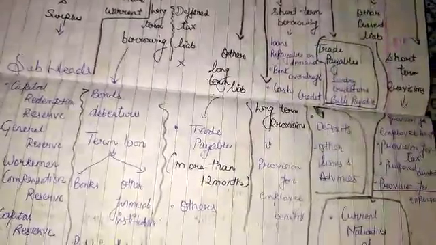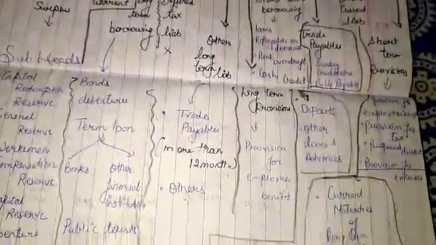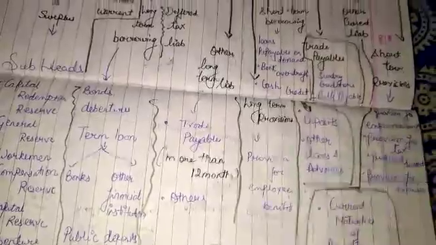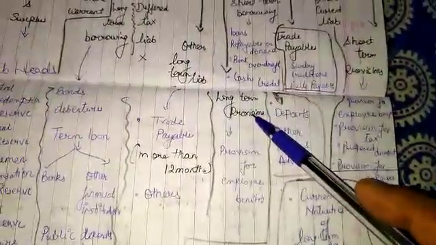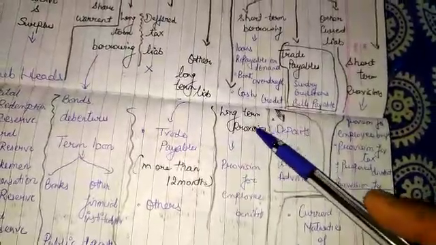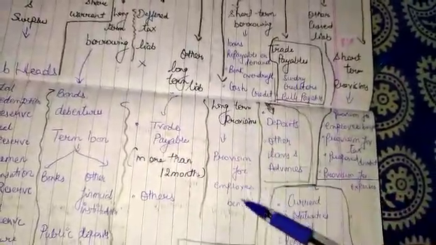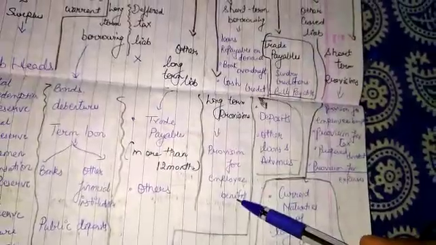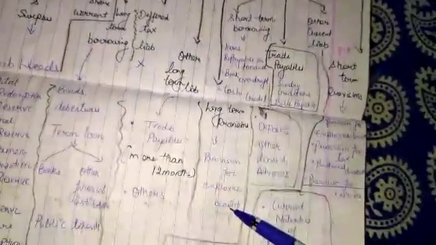Others, other than trade payables, like bills payable, are the part of others. The last is long-term provision. In long-term provisions there are things like provision for employee benefits. Provision we are making for employee benefits.